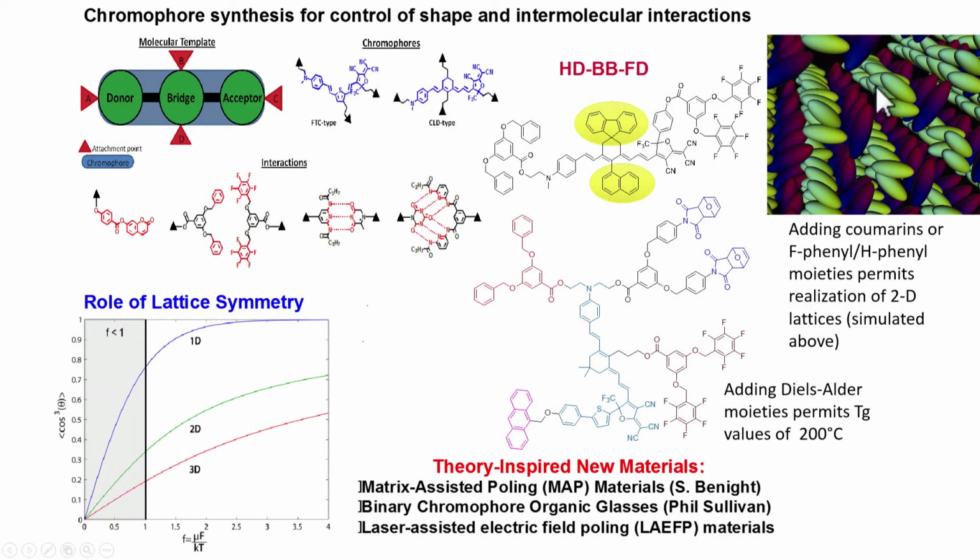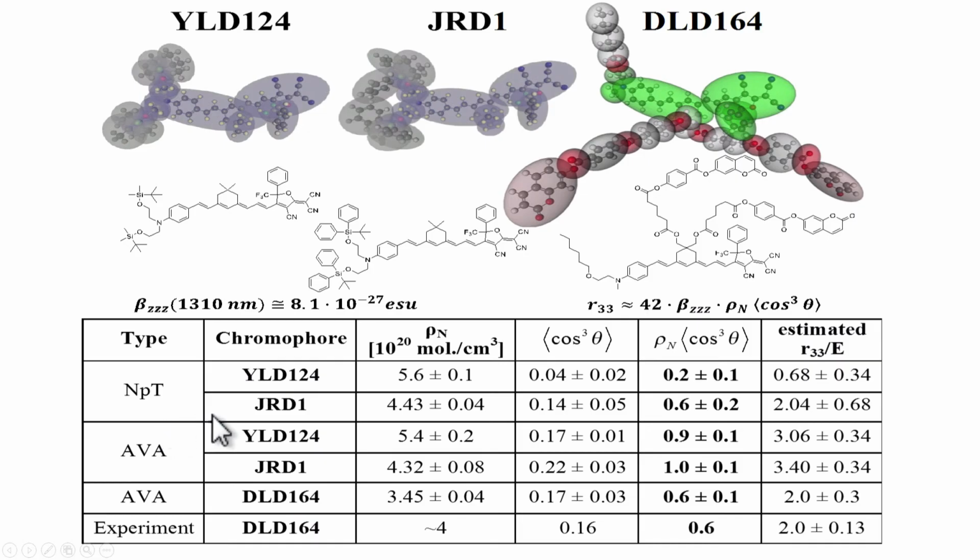This is a theoretically generated two-dimensional lattice image of chromophores shown here in red and blue colors. And this is the Coumarin type units, which drive at two-dimensionality. And theory tells you as you reduce the dimensionality of a material, you dramatically improve electro-optic activity.